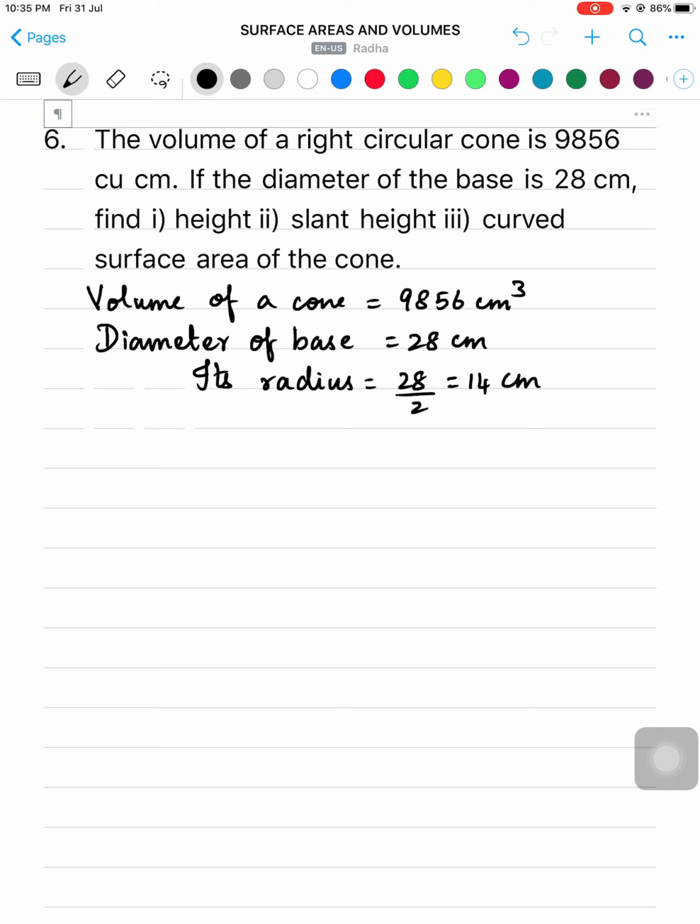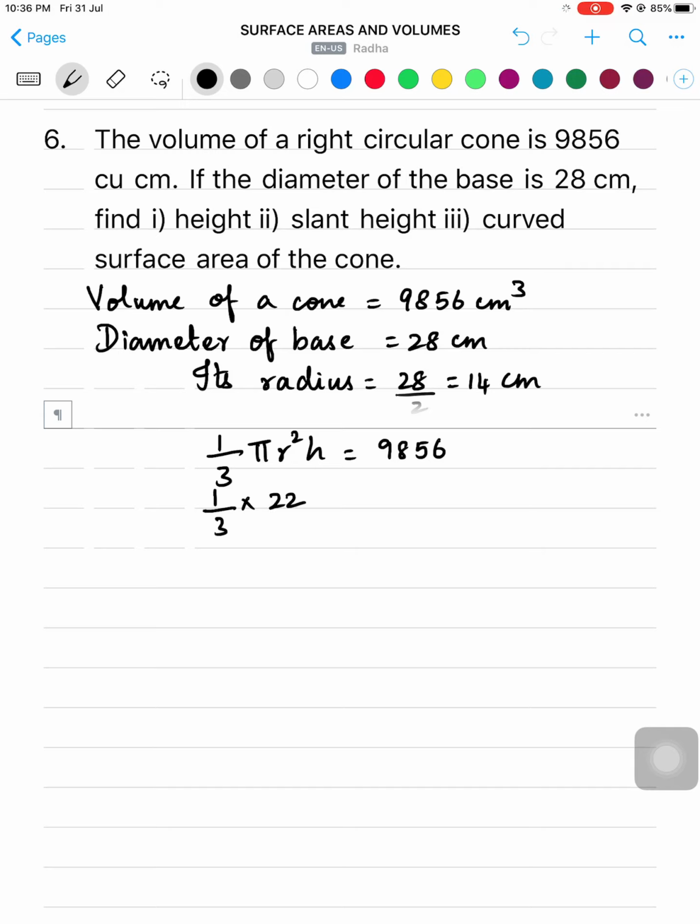Okay, now they are asking you to find the height of the cone. So volume is given as 9856. Volume is nothing but 1 by 3 pi r squared h, that is given as 9856. So it is 1 by 3 into pi value, it is not given as 3.14, so we can always use 22 by 7.